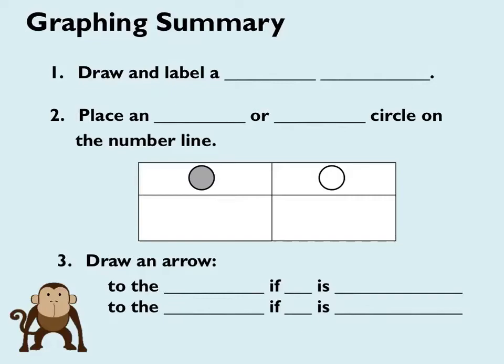Let's review the basics of graphing inequality solutions on a number line. The first step is that you'll draw and label a number line. The second step is that you will place an open or closed circle on the number line.